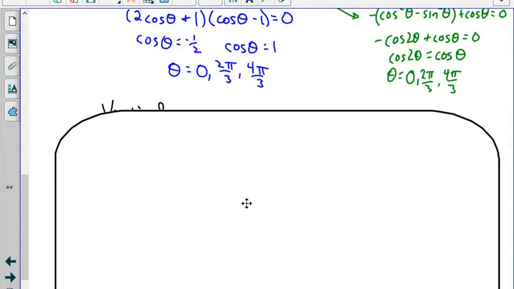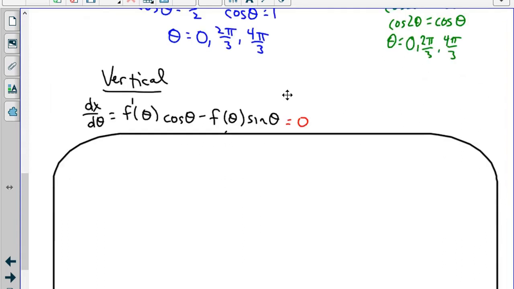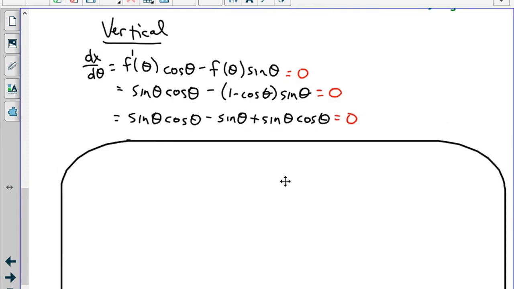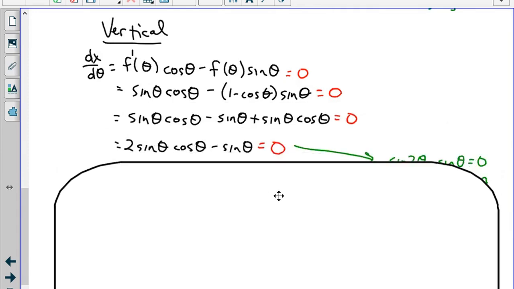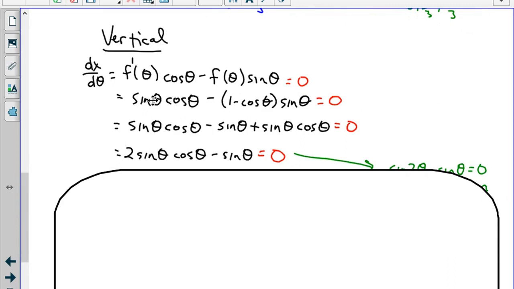Okay, now let's deal with vertical tangents. So it's the same process that we have going on. F prime cosine minus f sine, that's what dx d theta is. There is a lot of algebra that is to be done. So I just replace f prime and f with what they were. I have 2 sine cosines, so I replace that with 2 sine cosine.